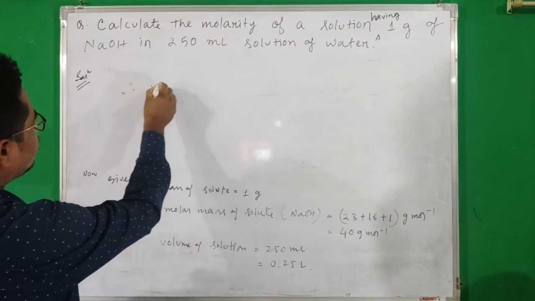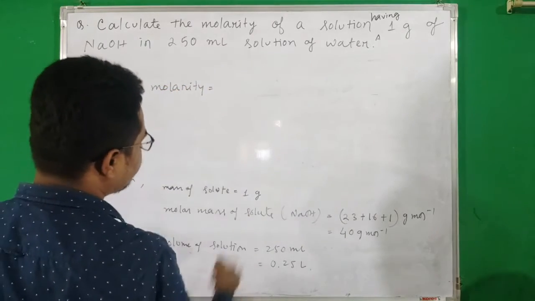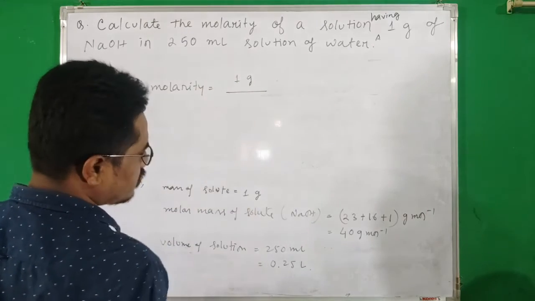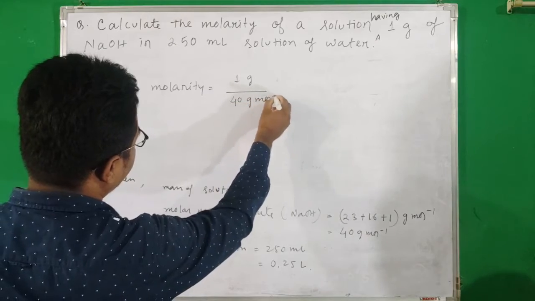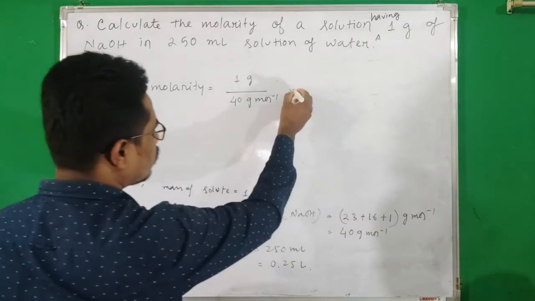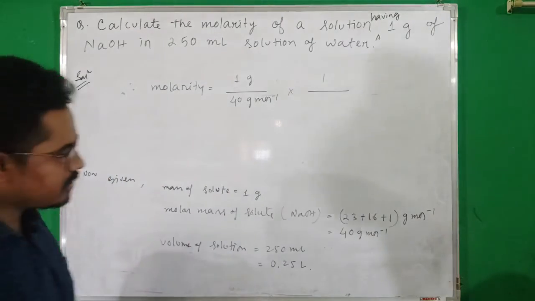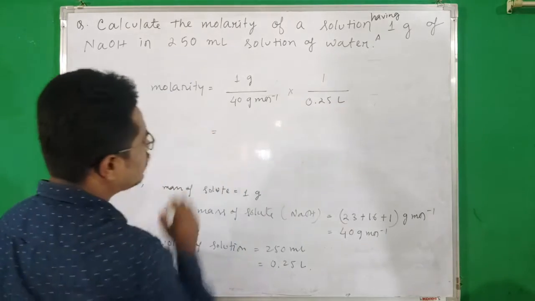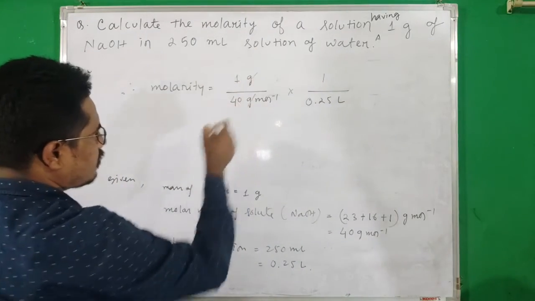Therefore, molarity equals given mass of solute, that is 1 gram, divided by molar mass of solute, that is 40 gram per mole, into 1 divided by volume of solution in liter, that is 0.25 liter. Gram will be cancelled out.